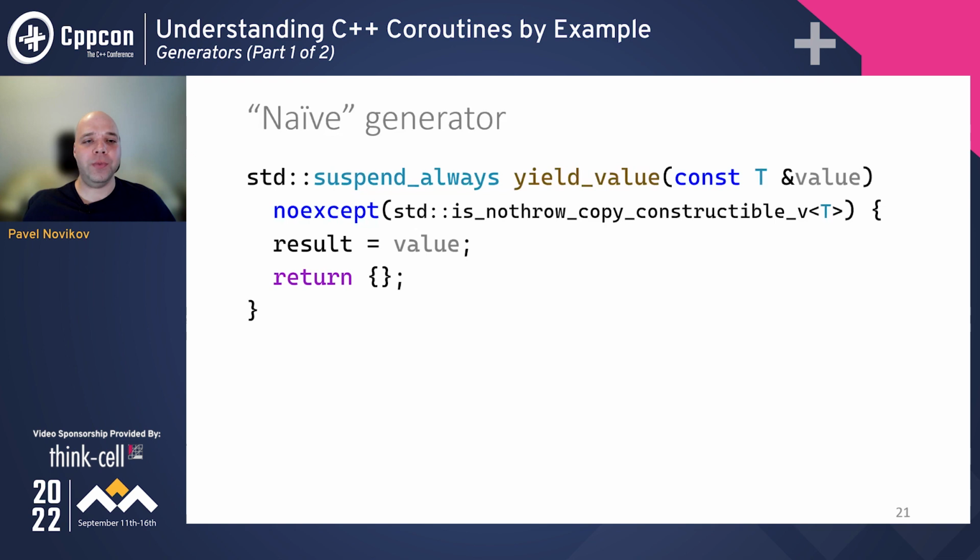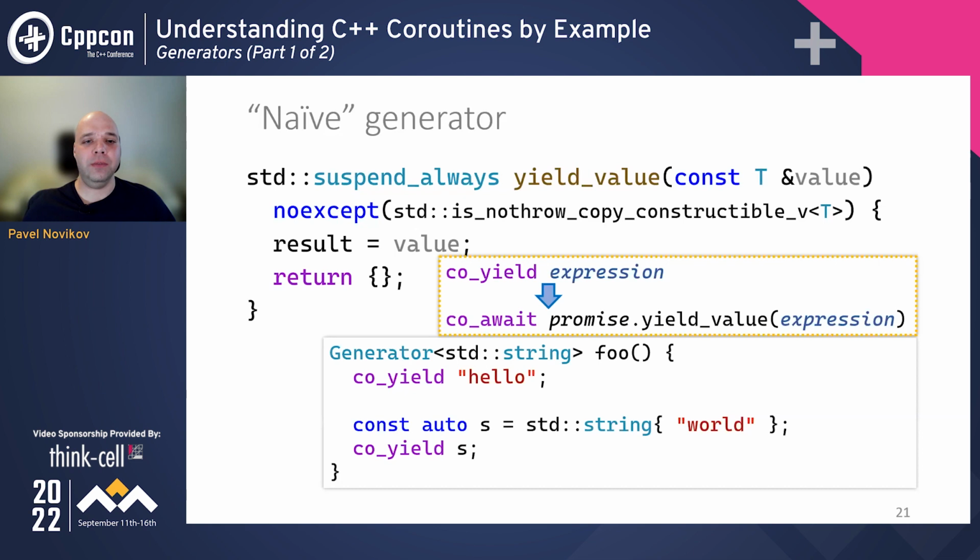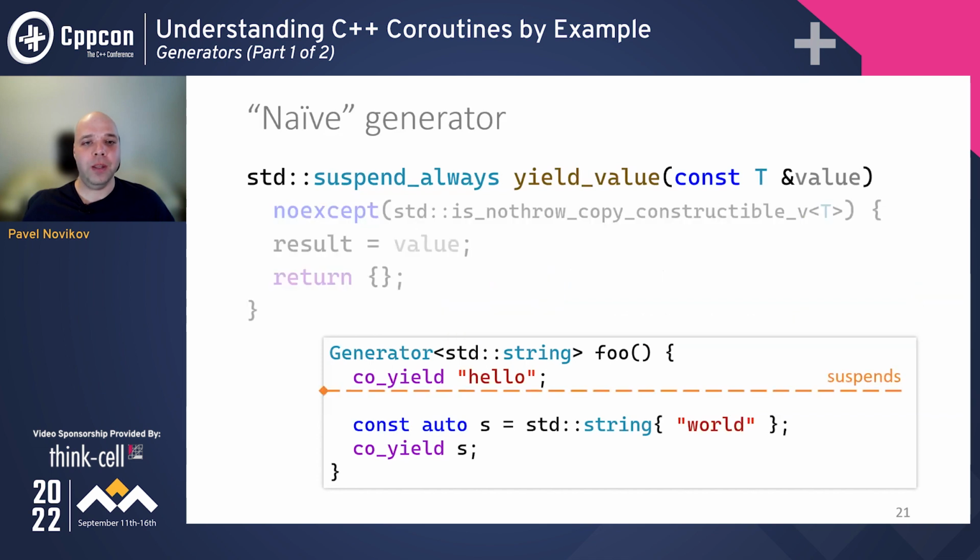And in the body of this function, we just store the result that was given to us. This function is called in cases when we yield values. So remember that a co_yield expression is transformed into a co_await expression, where the yield value function is called on the promise object, and the expression is passed inside the yield value call.